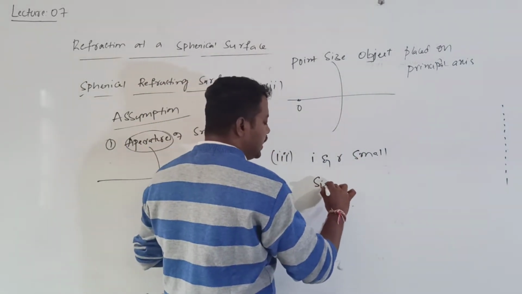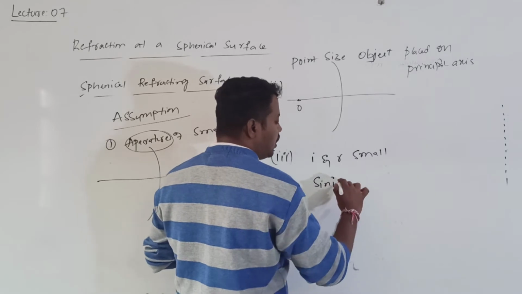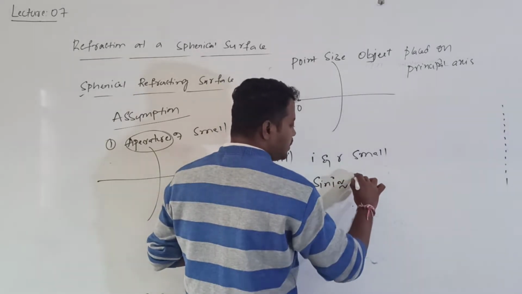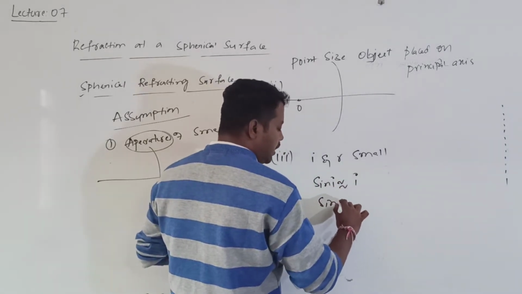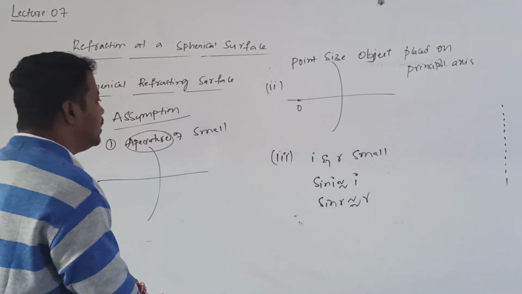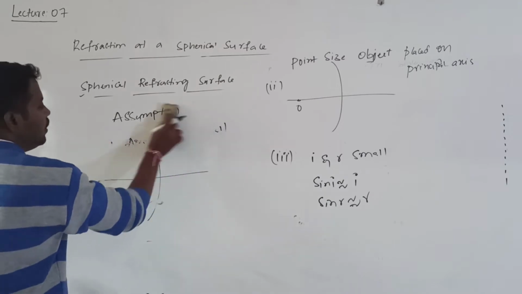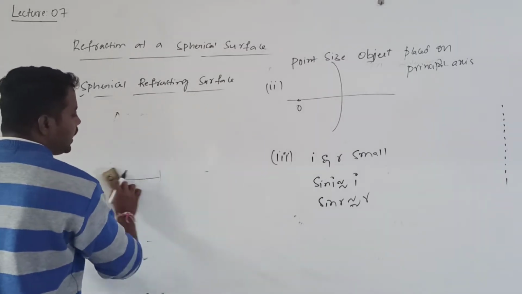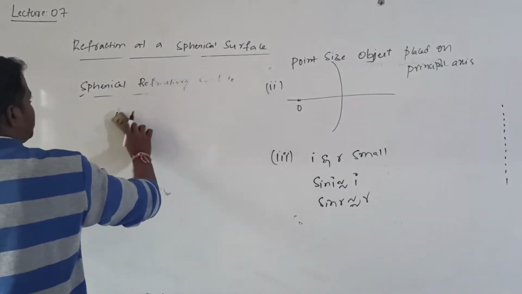Whenever the angle of incidence and angle of refraction are small, sin i is approximately equal to i and sin r is approximately equal to r. So these are the assumptions we will make for studying refraction at a spherical surface.